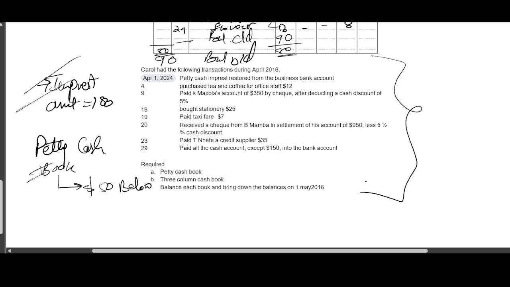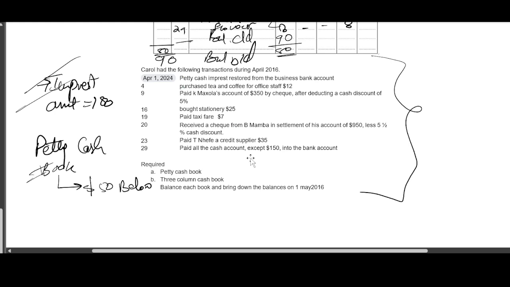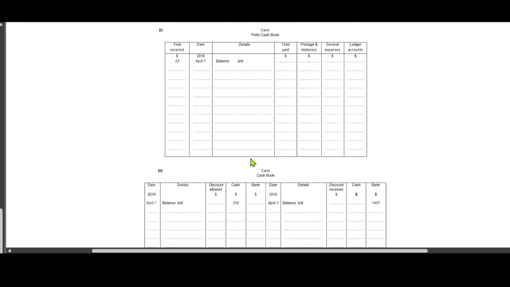So make a screenshot of this and then do it in your copy or wherever you are doing it. The answer for the petty cash book: 100 will be the total here. So 73 you need to write down as bank, and directly I'm saying balance carried down will be 21, and balance brought down 21.